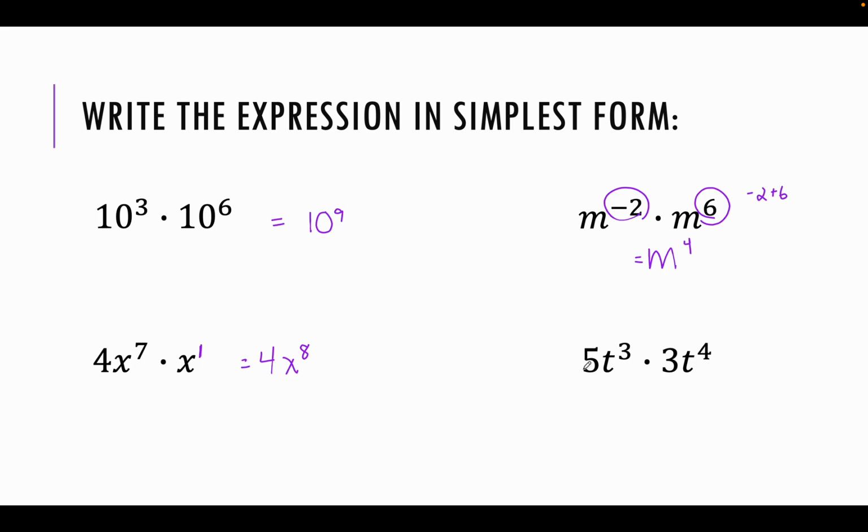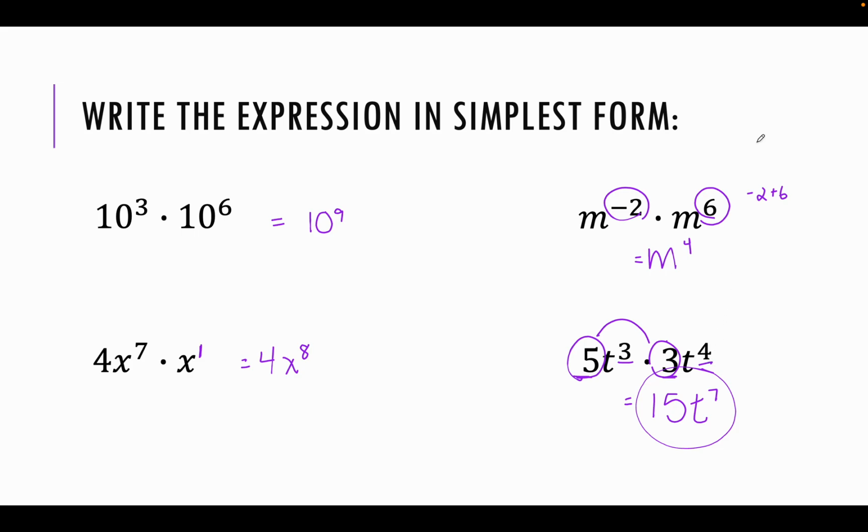And for this last example, we have 5t to the third times 3t to the fourth. This would give a result of 15. So 5 times 3, we can actually multiply those together and put one coefficient at the front. And then t to the third times t to the fourth is t to the seventh, for a final answer of 15t to the seventh.